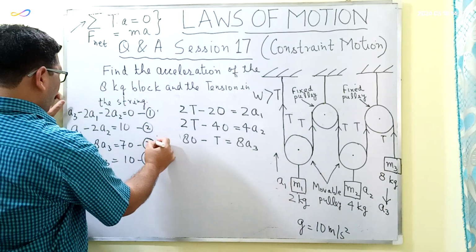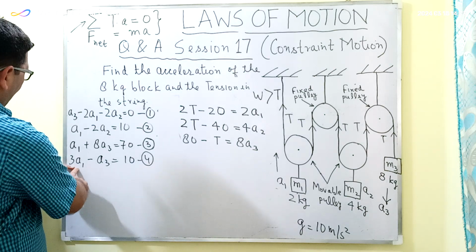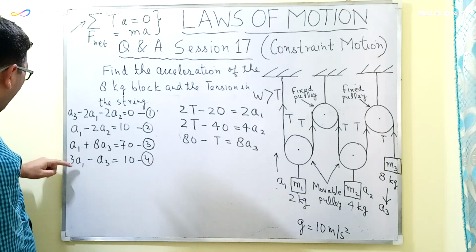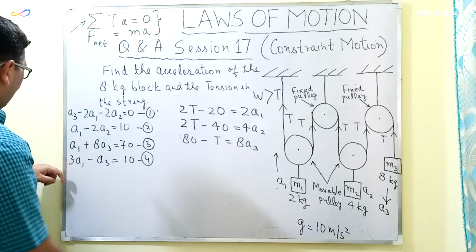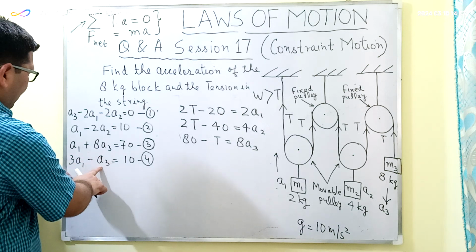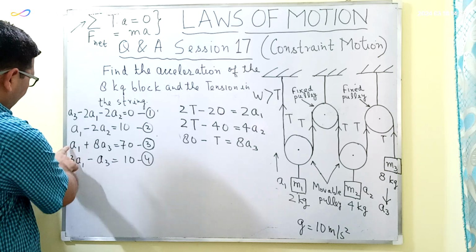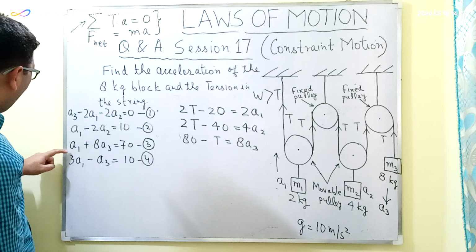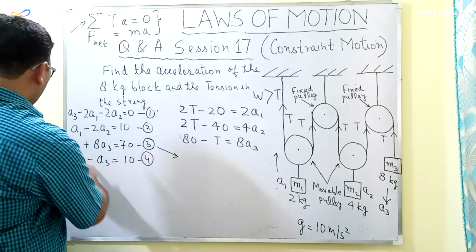Now I have to find the value of A3. Here A3 is with 8, and here this is 3A1 and this is A1. So I will multiply equation 3 by 3.